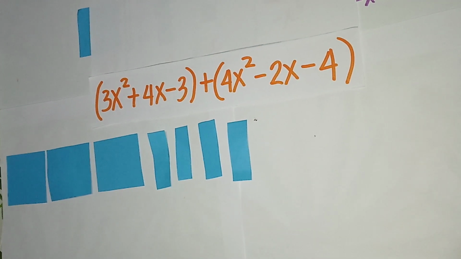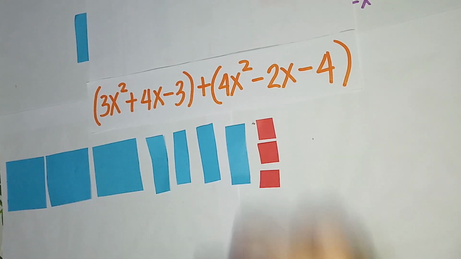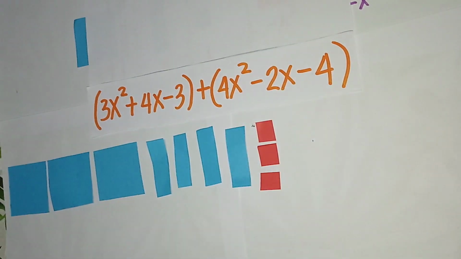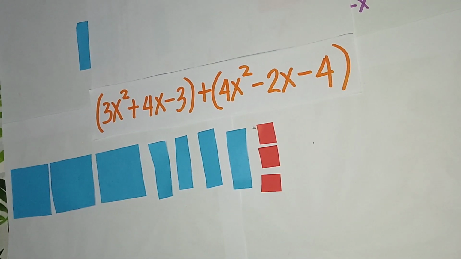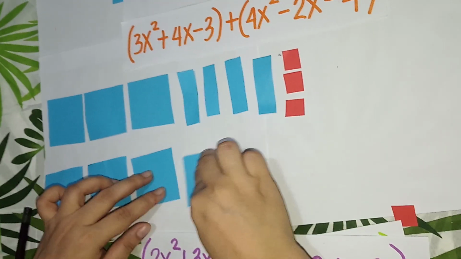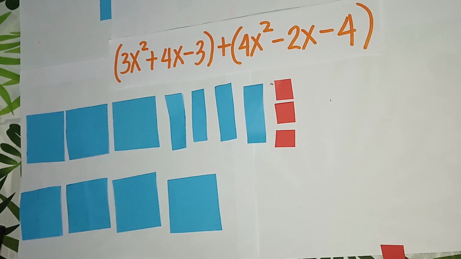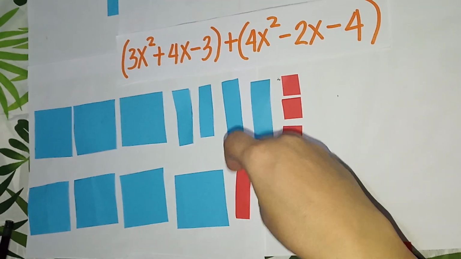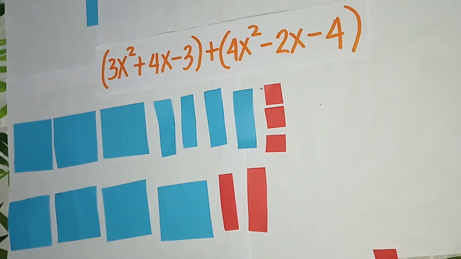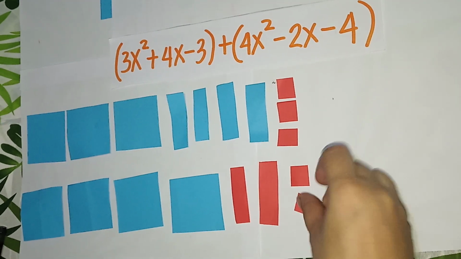And I have here 3 pieces of negative 1 by 1. And then you add 4x squared. Then 2 pieces of 2 by 1 that represent your minus 2x.